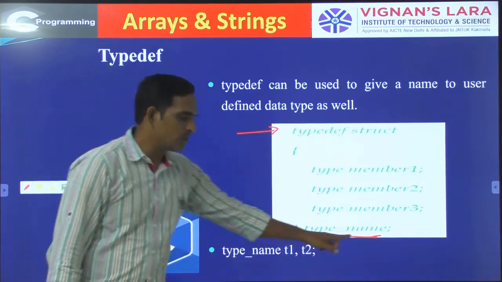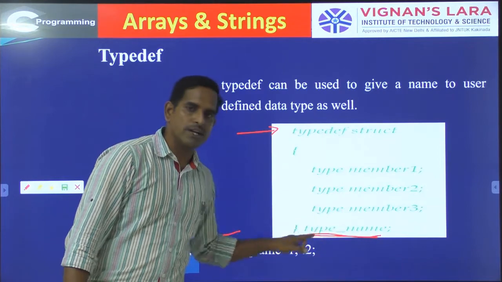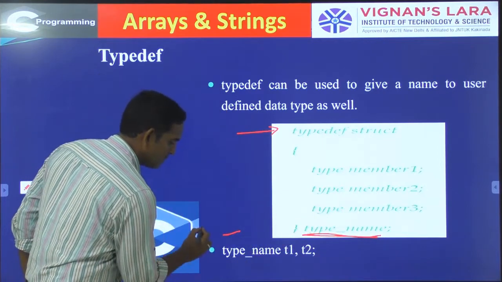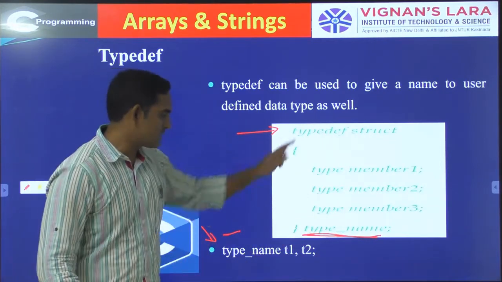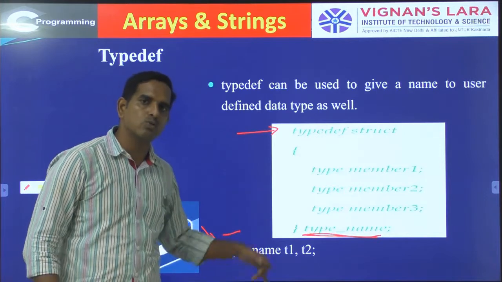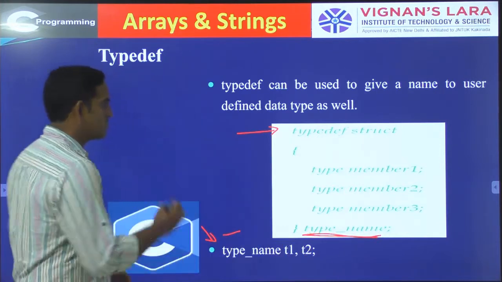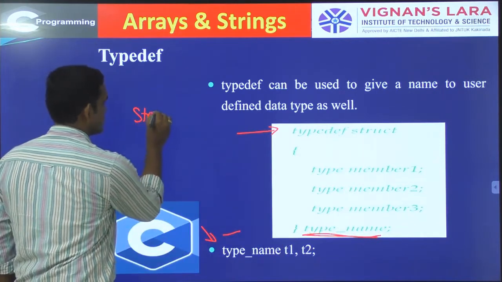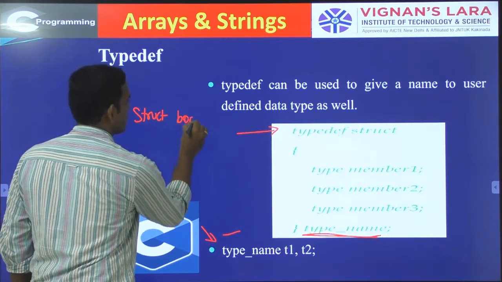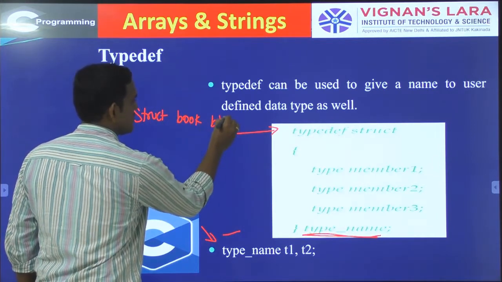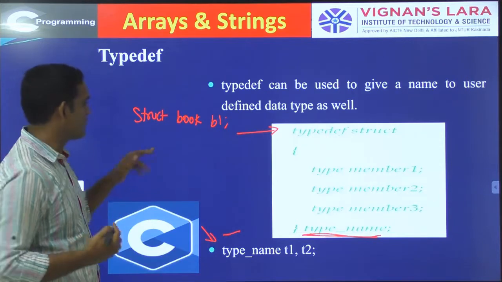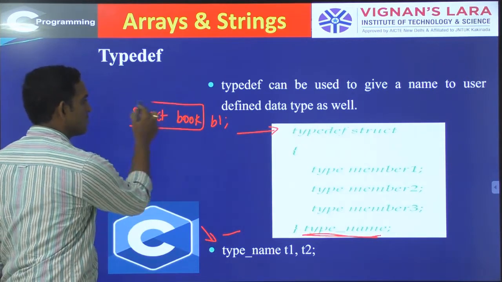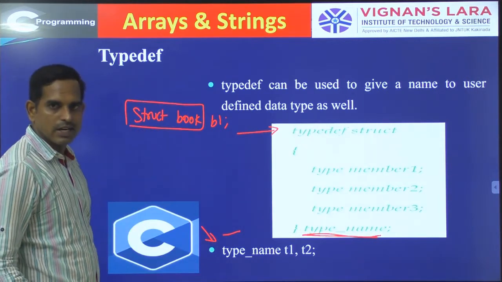From that point of time, whatever may be this structure name can be used to create your variables. Usually you write struct book b1. So this is how you create your structure variables. Each and every time I have to specify this particular thing.